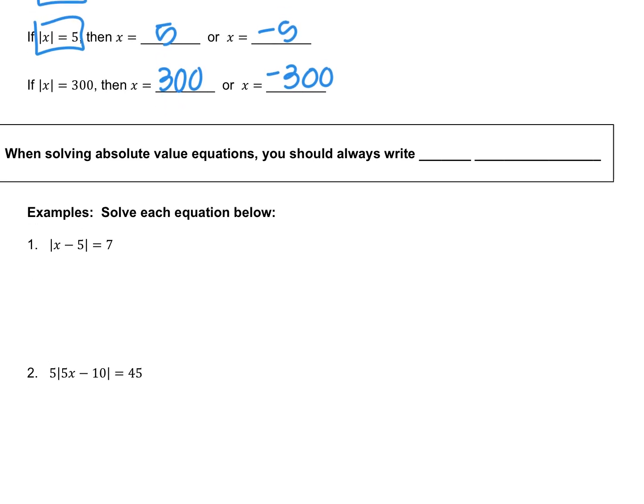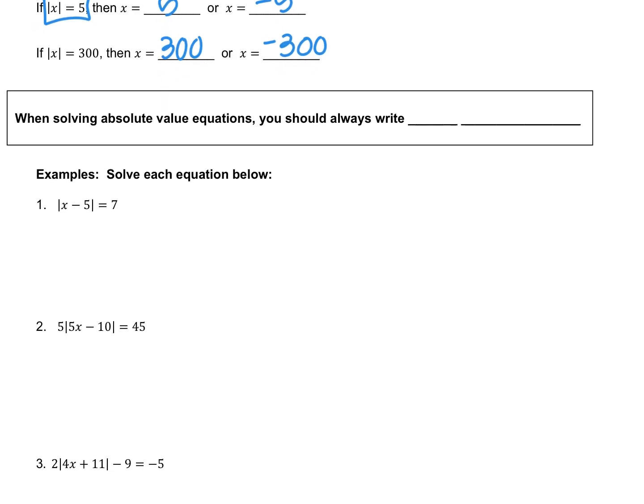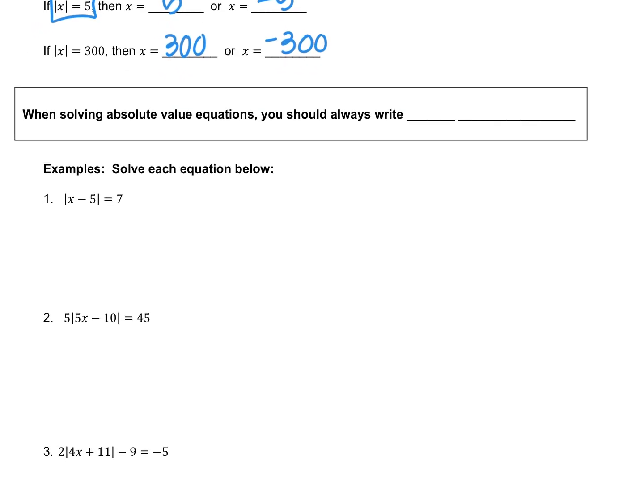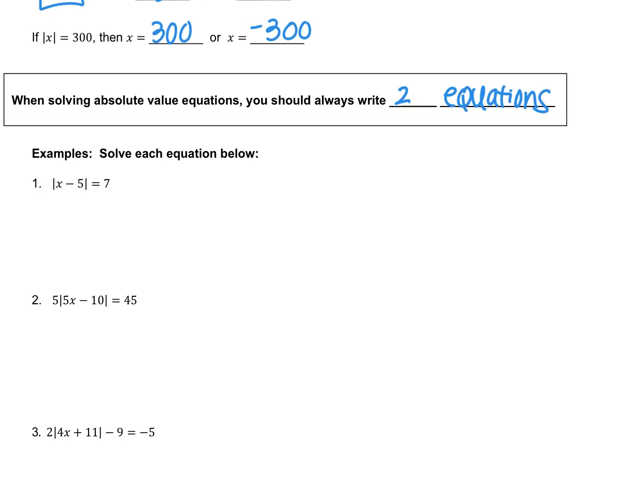So basically what that's going to show us is that when we're solving absolute value equations, we should always write 2 equations. We're going to be writing 1 equation for the positive and 1 equation for the negative. So that's where that basis comes from.